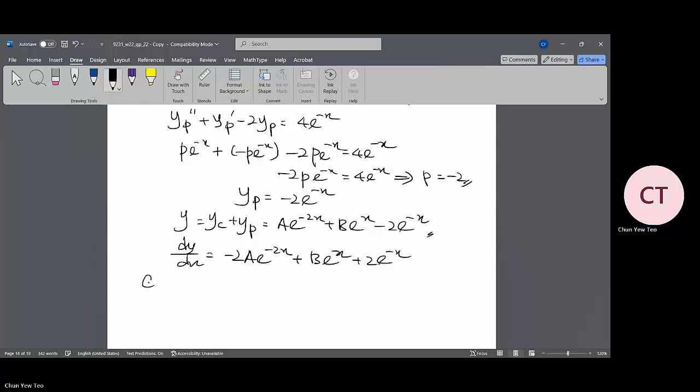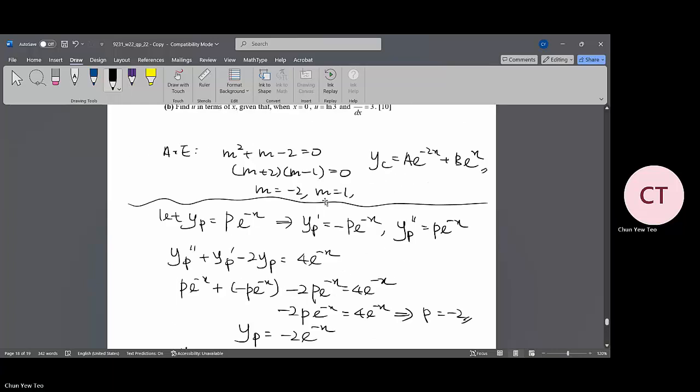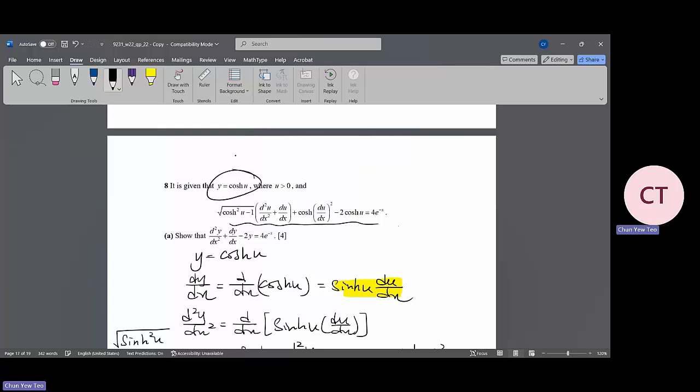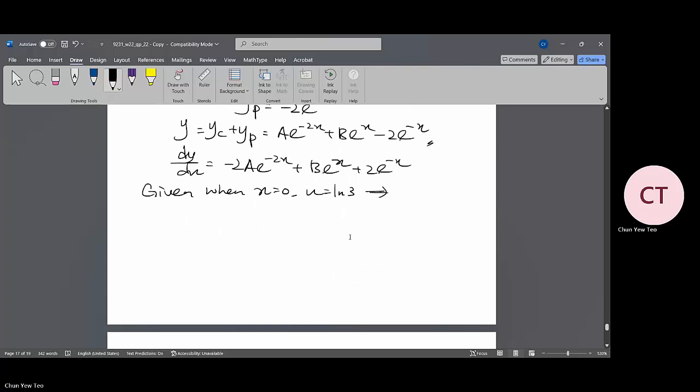So given when x equals 0, your u is equal to ln 3. u equals ln 3 means y is cos u, so y is cos ln 3. Cos ln 3, you can press a calculator.